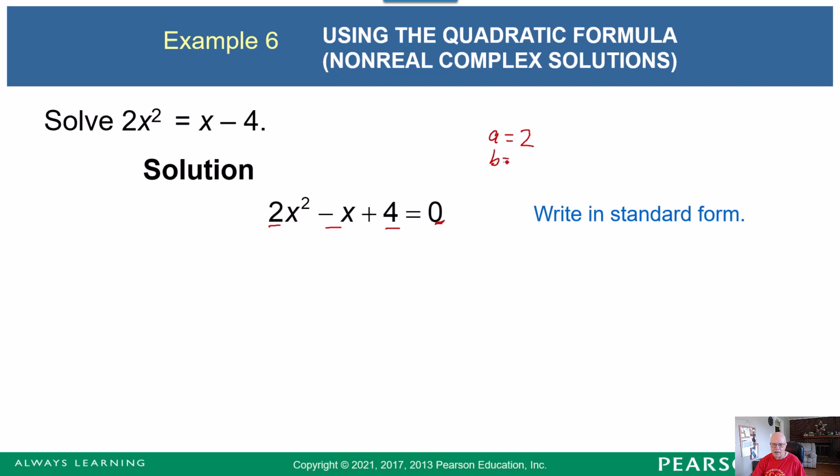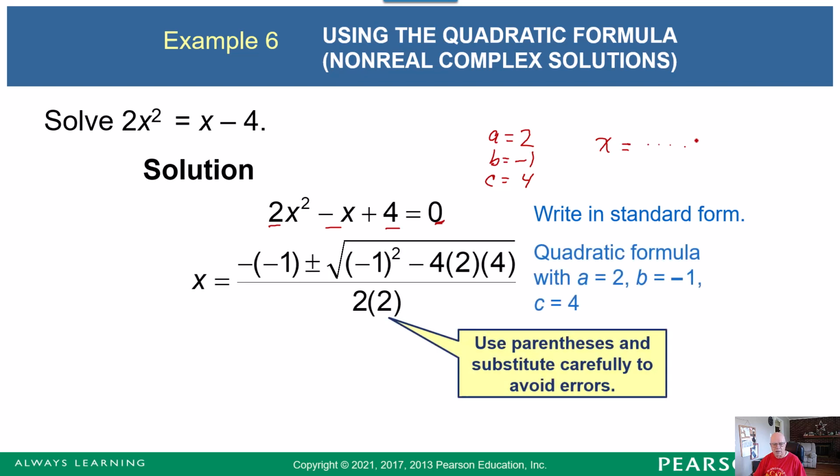What's B? -1. What's C? +4. And take our quadratic formula, which you're going to memorize. Replace the A with 2, the B with -1, the C with 4, and simplify. So there you go. You have the substitutions.